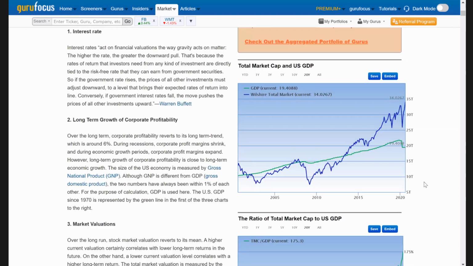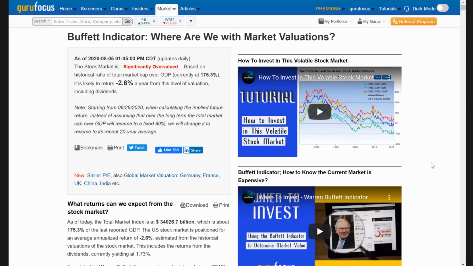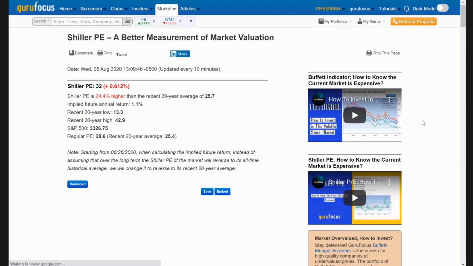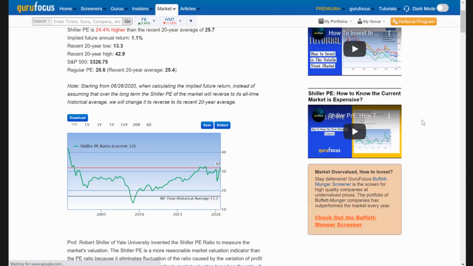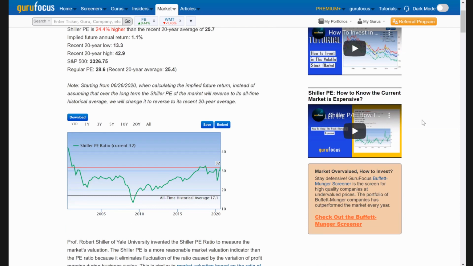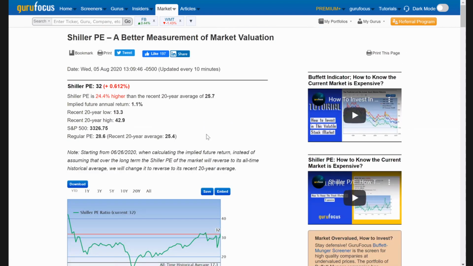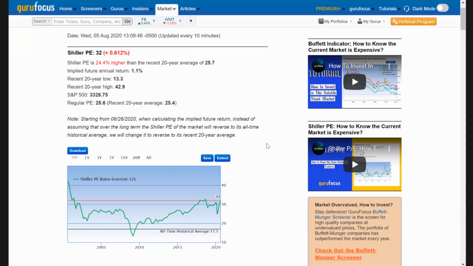We have a similar feature called Shiller PE, named after Professor Robert Shiller of Yale University, and I think everyone knows about him. This is the historical Shiller PE. Now it's at 32. The historical median 20-year average was only 25. Now it's 32, so it's about 24% higher.